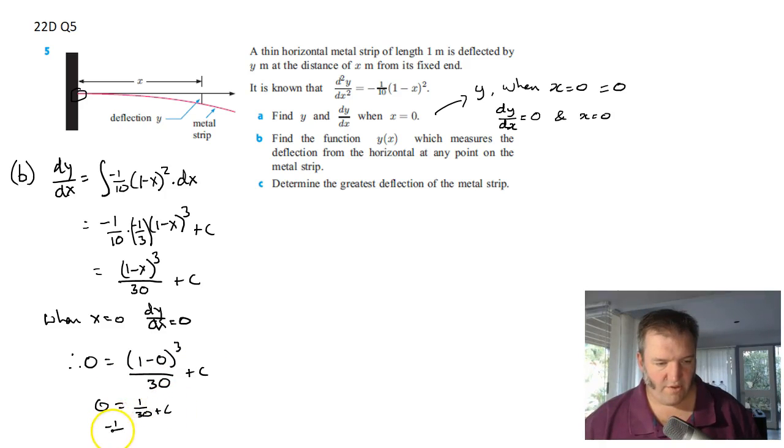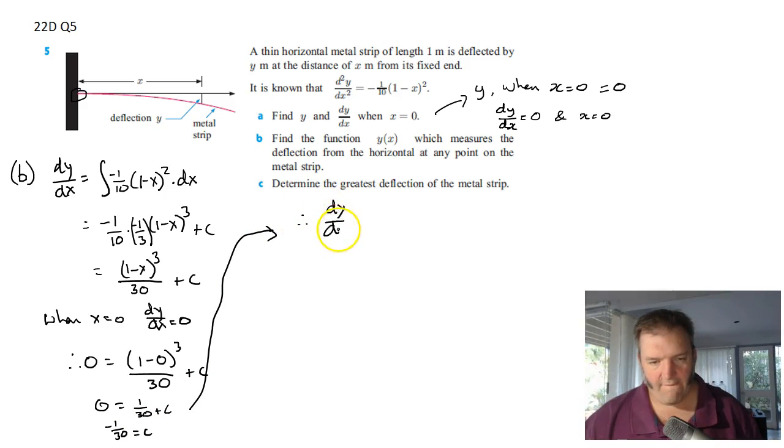So negative 1 over 30 equals c. And if we come over here for more working, dy/dx equals 1 minus x all cubed over 30 minus 1 over 30.